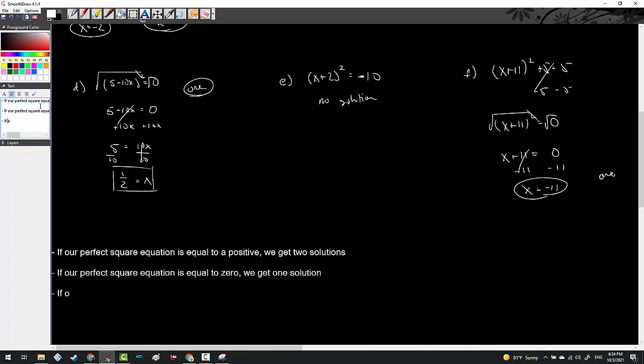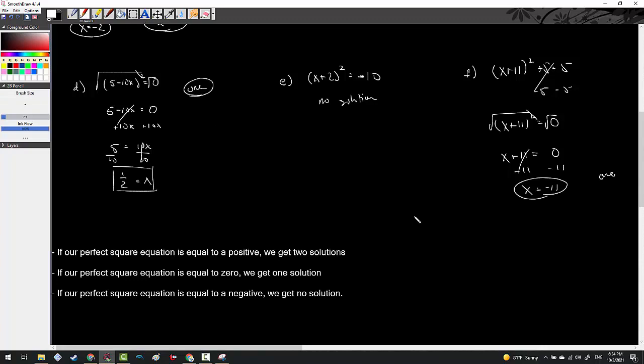And if our perfect square equation is equal to a negative number, we get, try and beat me to it, no solution.